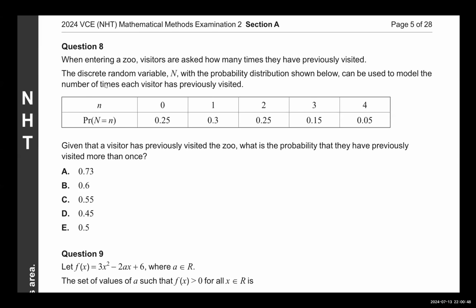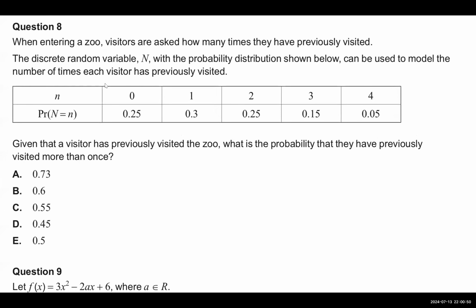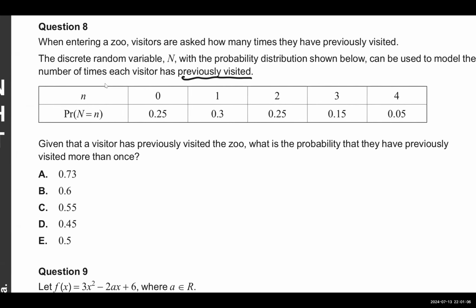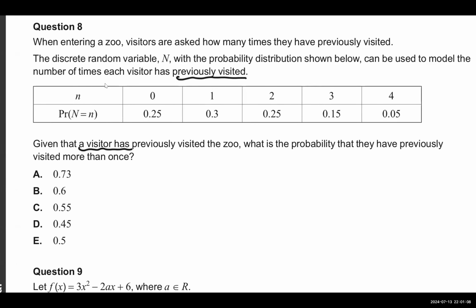Okay, question 8. When entering a zoo, visitors are asked how many times they have previously visited. The discrete random variable n with a probability distribution shown below can be used to model the number of times each visitor has previously visited. Given that a visitor has previously visited the zoo, that means your n value has to be greater than or equal to 1.